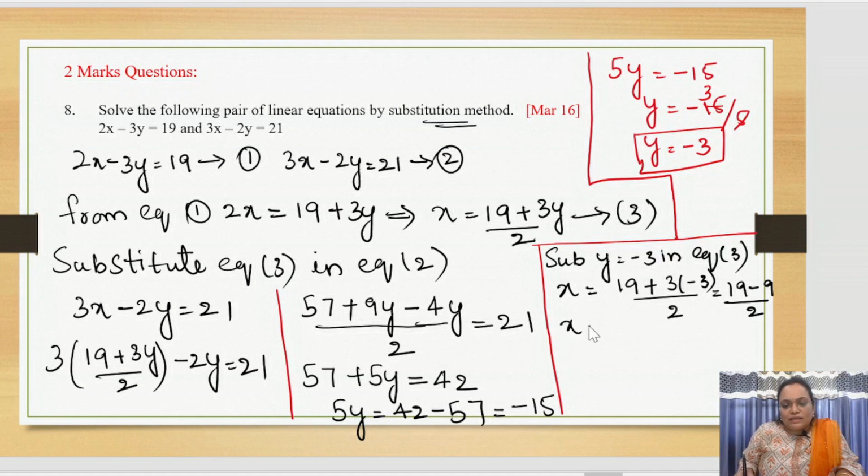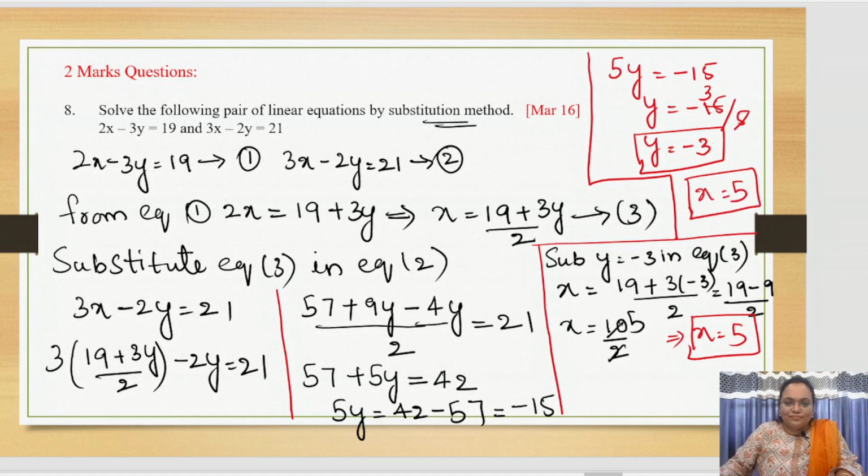You will get x is equal to 19 minus 9 is 10, 10 by 2, which is 5. So the value of x is 5. So the value of y is minus 3 and x is equal to 5. Therefore the solution is x is equal to 5 and y is equal to minus 3.